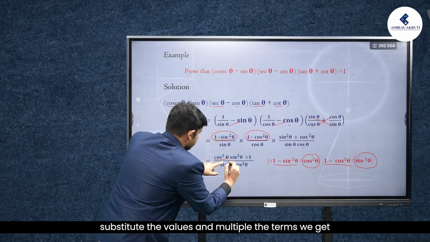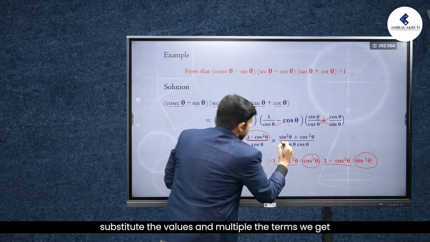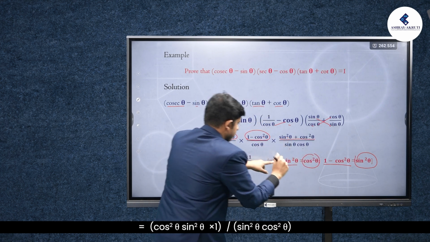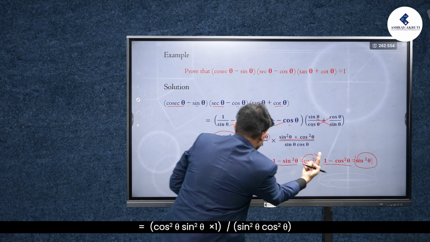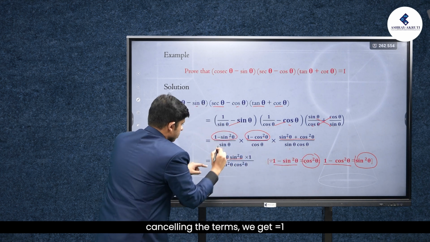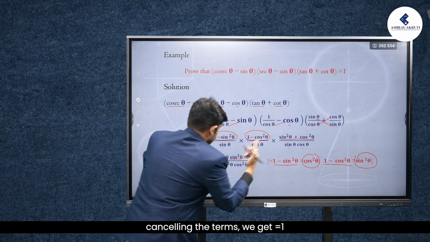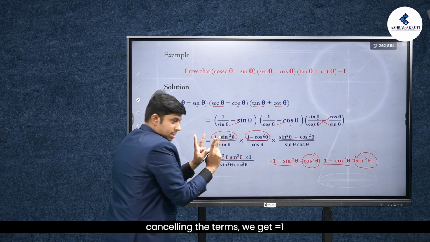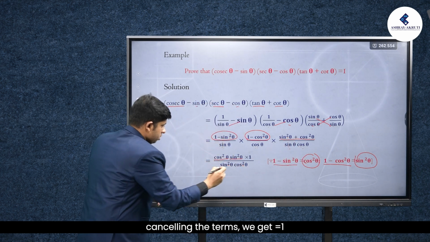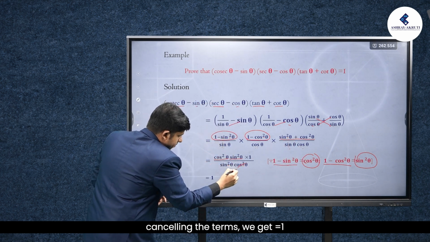Substitute the values and multiply the terms. We get cos square theta into sin square theta into 1 by (sin square theta into cos square theta). Cancelling the terms, we get 1.